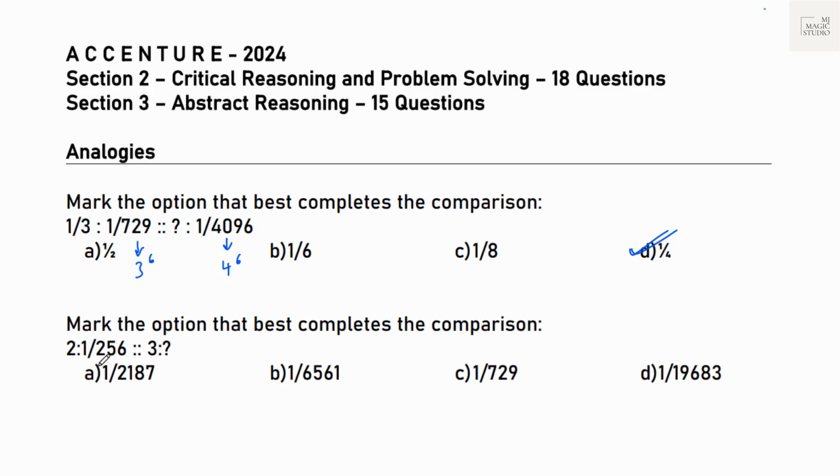Great. Similarly, let us see this. 256, if we break it up, it is 2 to the power 8, and this is 2. So do we have 3 to the power 8 with us? 3 to the power 8, 9 to the power 4, 81 square is 6561. Yes, we do have, and then we would be marking on option B.